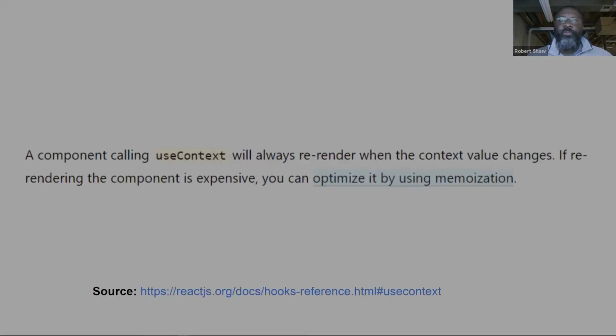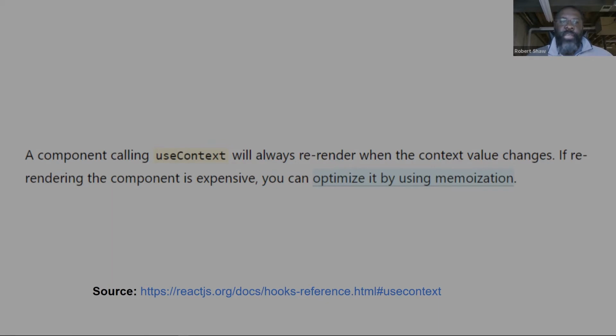And that's performance. So let's take a look at the React docs. Any component calling useContext will always re-render when the context value changes. If re-rendering the component is expensive, you can optimize it by using memoization.